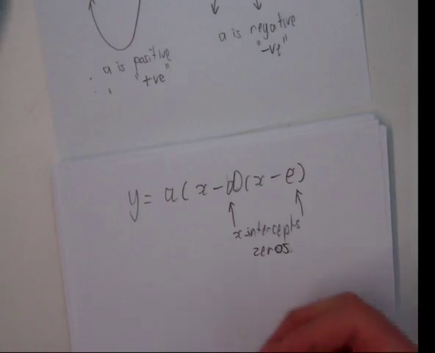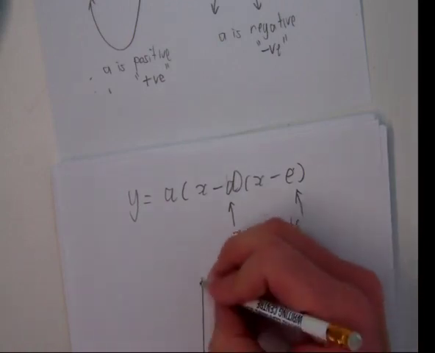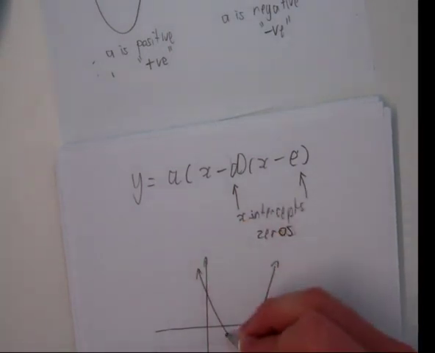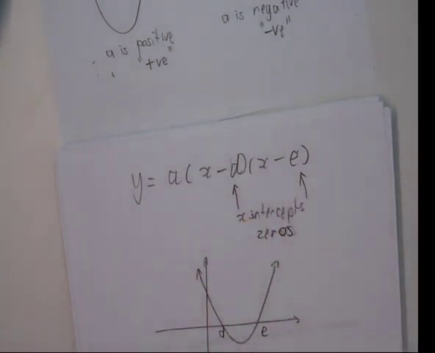And your graph will look something like this. And this will be the point D, and this will be the point E on the x-axis there. Point here is that if you rewrite your formula in a different way, you can get different information about the graph.